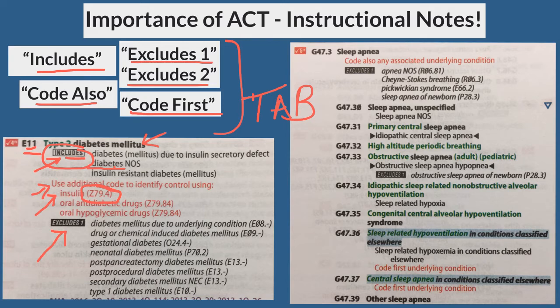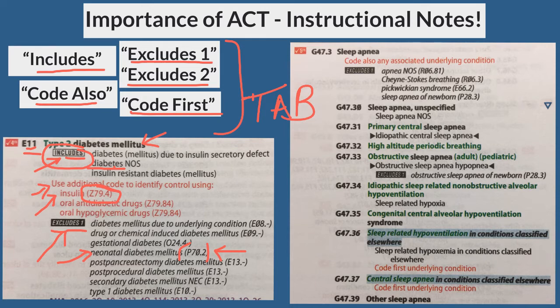So if there was a diagnosis of, let's say, neonatal diabetes mellitus, and within the alphabetic index you found your way to code E11, this is telling you, hey, excludes one, neonatal diabetes mellitus is not coded as E11. Instead, it is coded as P70.2. So again, the importance of those instructional notes and checking the tabular list.